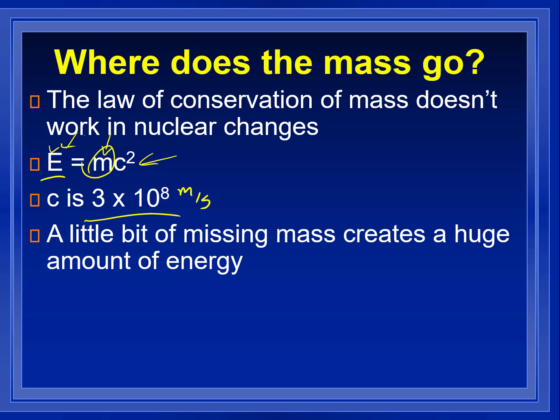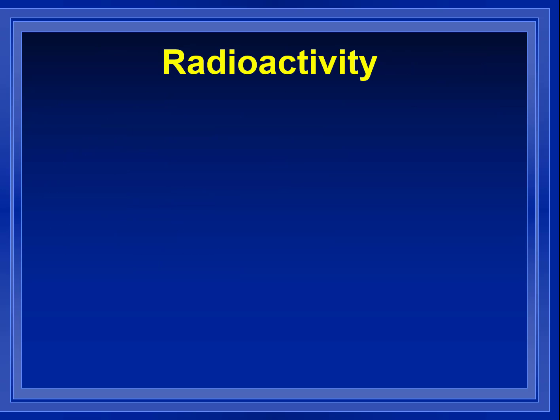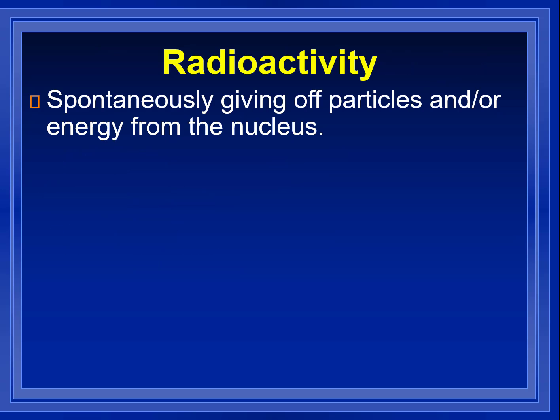Okay, so that little bit of missing mass, that little bit of m, multiplied by c squared, which is 9 times 10 to the 16th, is going to give you a huge number for energy. And that energy's got to come out of that atom. It'll come out as either light we can see or particles that go flying. And that is radioactivity.